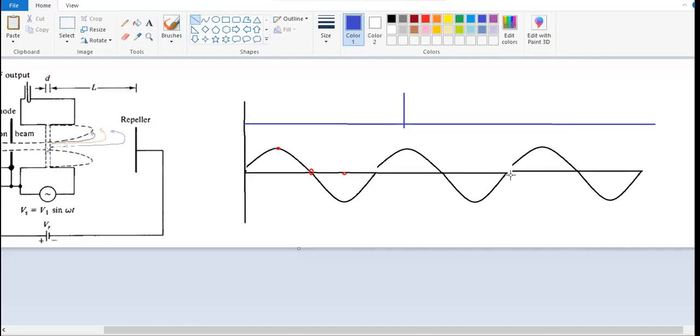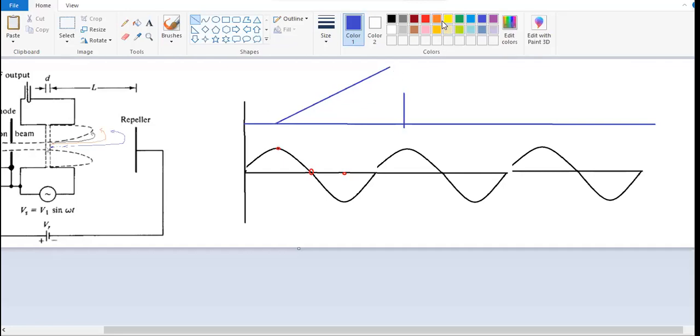Now this early electron starts from here, so I'll just mark this position. It will start from here and it will go this way. So this is the first electron that we can see, the early one.